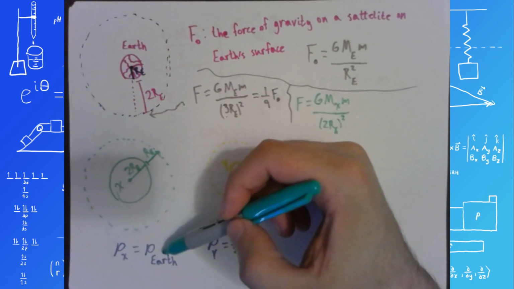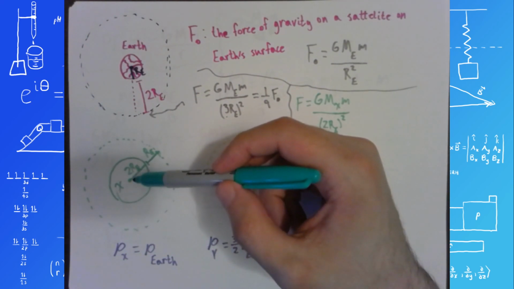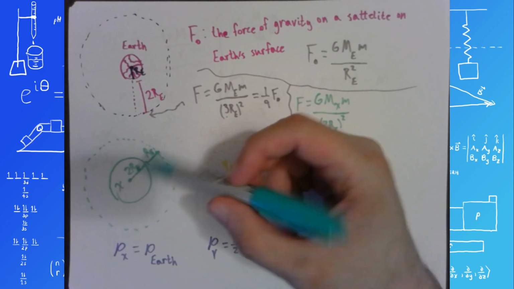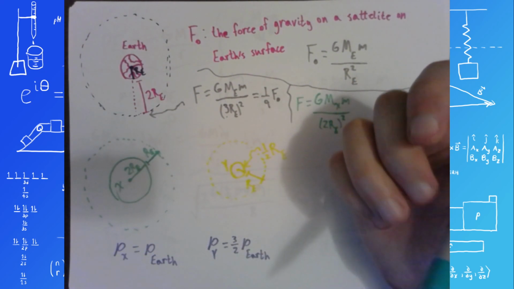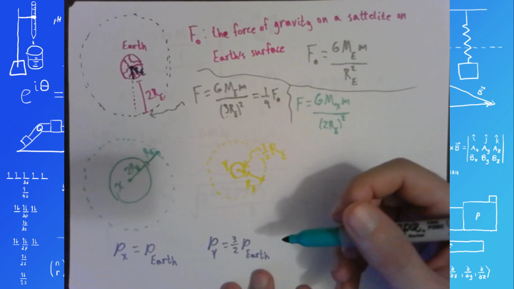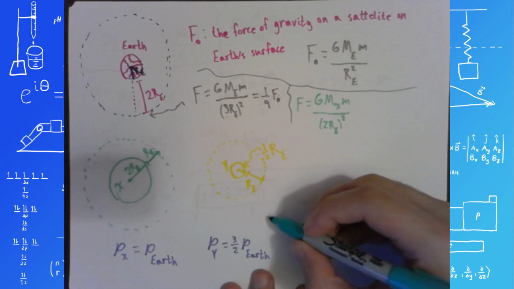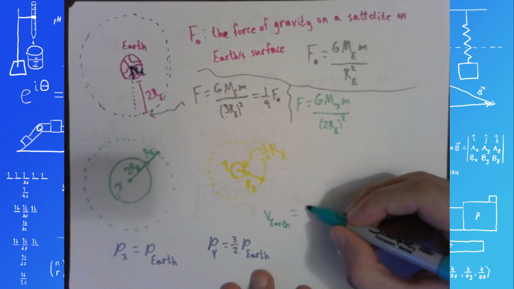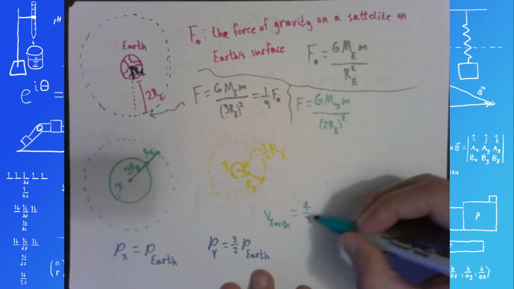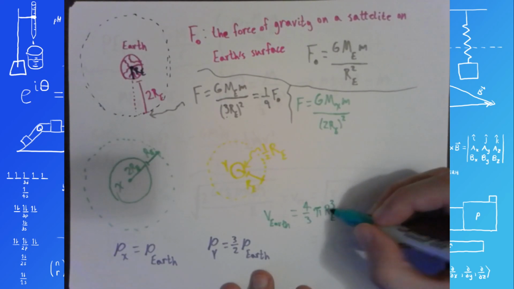If it has the same density as Earth, it's got the same mass per volume as Earth, but it has twice the radius, then it has more volume. How much more volume? Well, if you double the radius, so volume of Earth, assuming Earth is a perfect sphere, is 4/3 pi times the radius of Earth cubed.